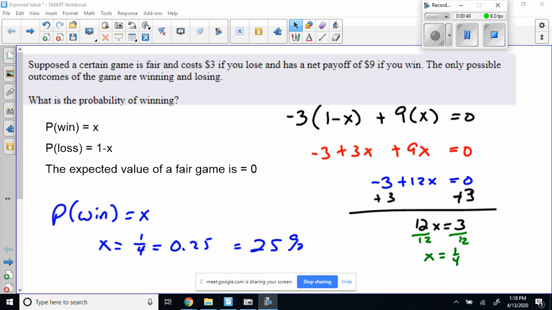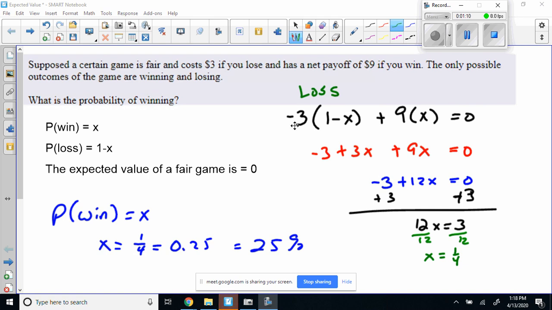certainty, right? So I told you about suppose a certain game is fair. I said that's a key thing, right? The expected value of a game that is fair is equal to 0. So let's think about this. We've got this right here would be for the loss, right?